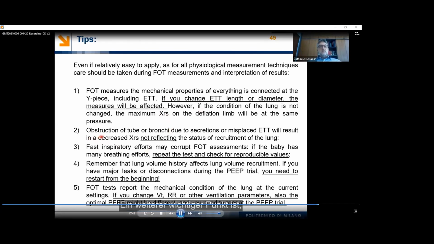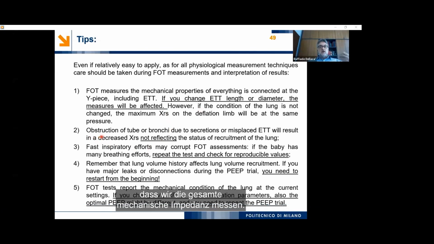Another important point is that we are measuring all the mechanical impedance. This means that if you have obstruction of the tube or in the bronchi due to secretion, or if you have, for example, a misplaced ETT that is touching the trachea wall, this will result in decreased XRS, which is not reflecting the status of recruitment of the lung.